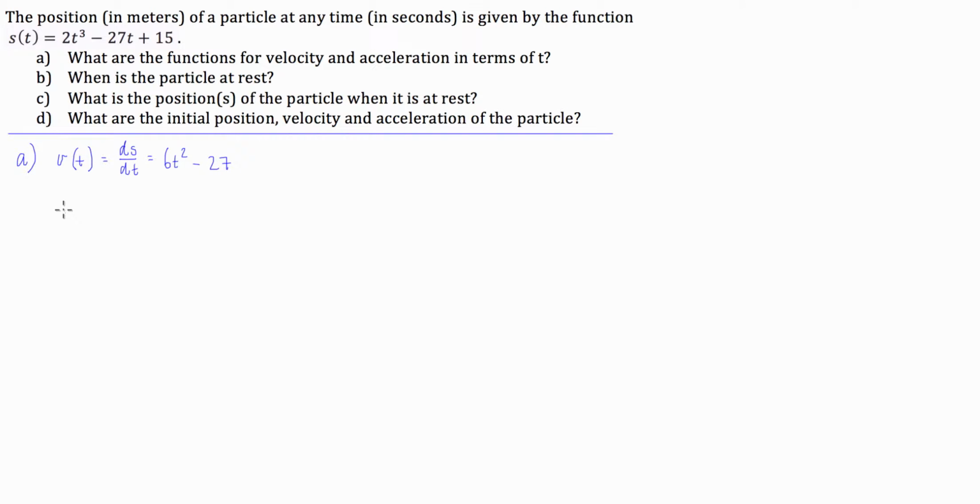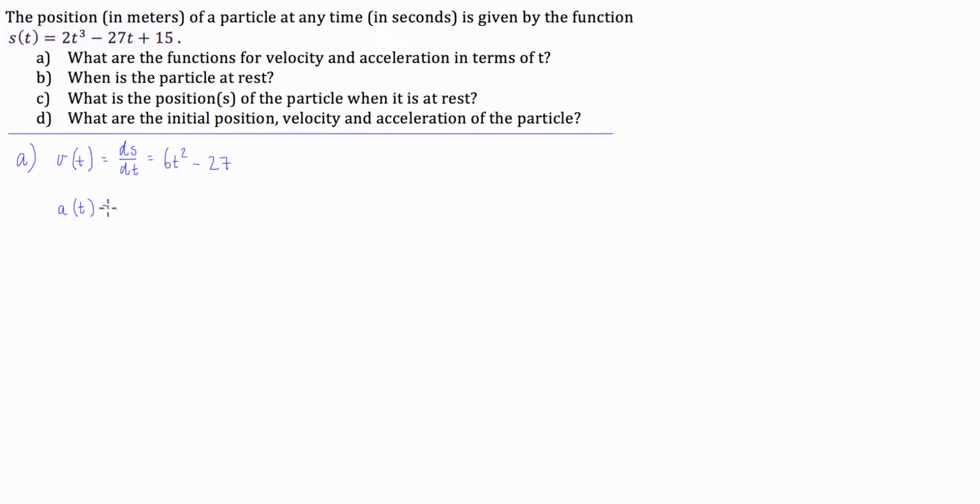So acceleration, the relationship between acceleration and velocity is exactly the same as velocity and displacement. Acceleration, in terms of time, is measured in the change in a particle, an object's velocity over the change in time.